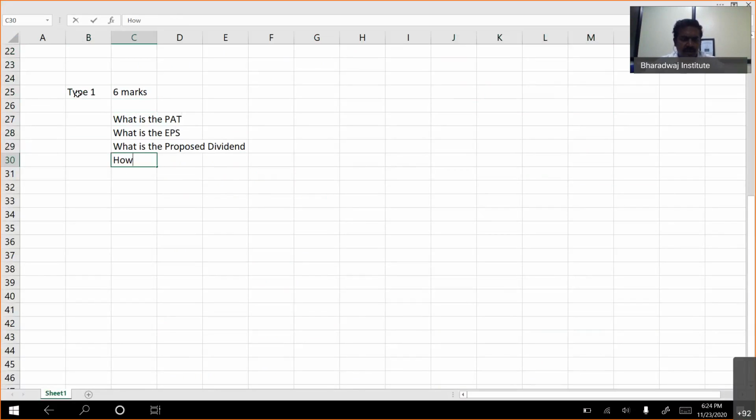Then how much is transferred to general reserve? These are the questions. First let me give the question, then the problem. You need not copy because it's going to come to you in your group. What is the balance carried forward to the balance sheet?